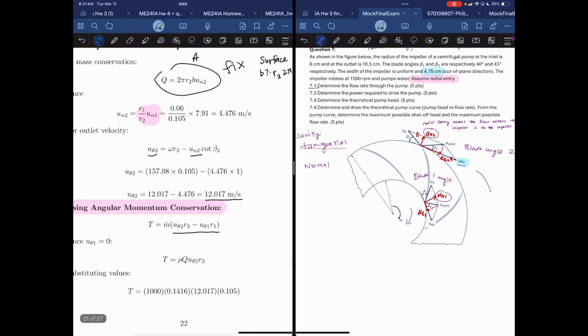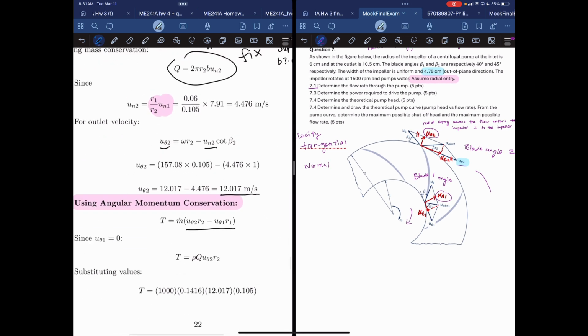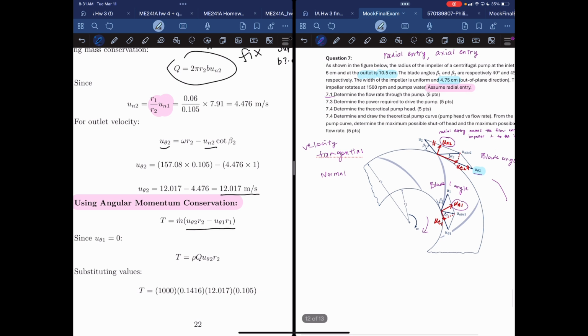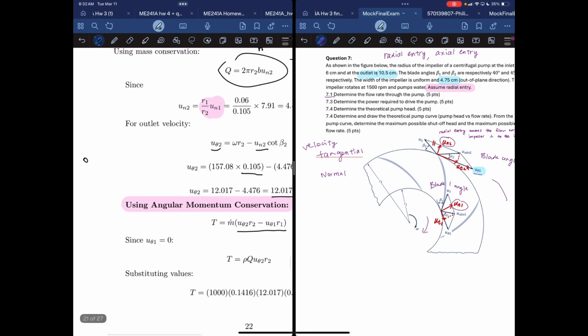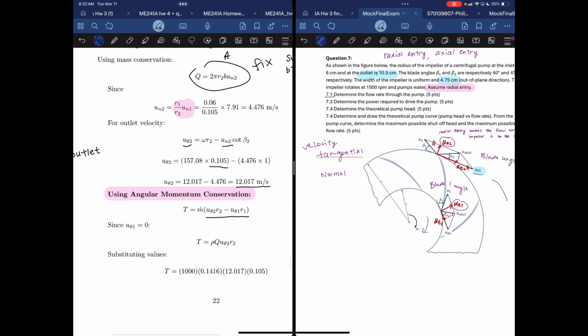That's why we're using R2, because that's the outlet. So I use 0.105, which is given as 10.5 centimeters. We're looking at the outlet for the power because that's the final step. The outlet is going to drive that power. So let me write that.